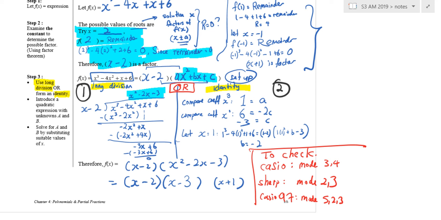Would you use guess and check, or will you use calculator to check? Calculator. Nobody in the world will try 1 minus 1, 2 minus 2, 3 minus 3, and then give me full scale or rough working just to find that factor. Nobody will do that. So everyone will use calculator. But do you use calculator and write mode 2, 3? No, you'll just write try. You'll just write let x be that magical number, and one try you will get it. That's it. Okay?